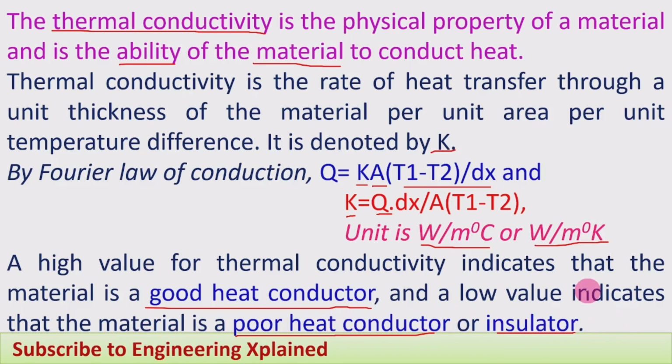Whenever in a particular condition the heat transfer required is more, we are going to use a good conductor of heat, that is, a material with higher conductivity. And if insulation is required, where heat transfer is to be restricted, there we are going to use a poor heat conductor or an insulator.